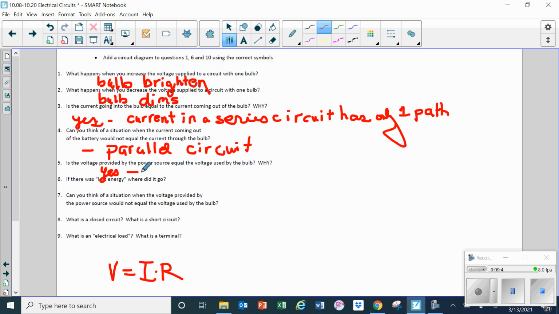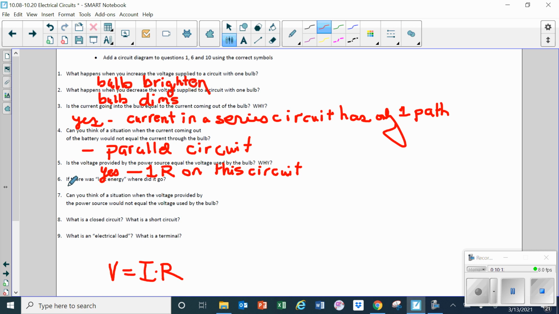because there's only one resistor, one R on this circuit. So all the voltage created by the battery, all the voltage drop, all the potential difference is basically used by that one bulb.